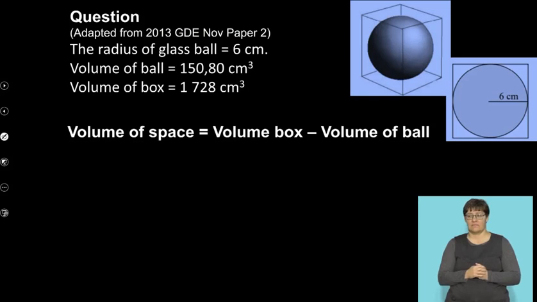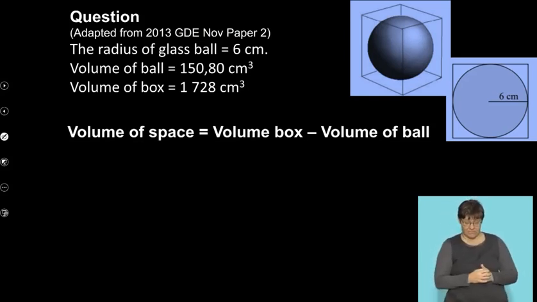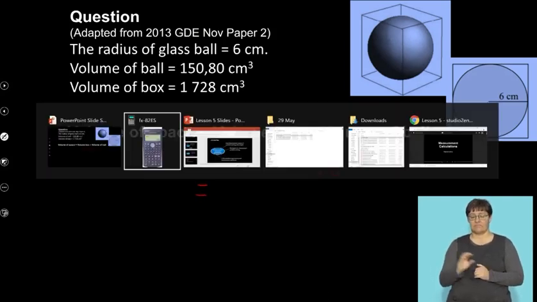Cool, so we know that the volume of the space left over will be the volume of the entire box, and then we're going to subtract the volume of the ball. So the volume of the box is 1,728, and I'm going to subtract the volume of the ball, which is 150,8. So I'm going to plug this all into my calculator.